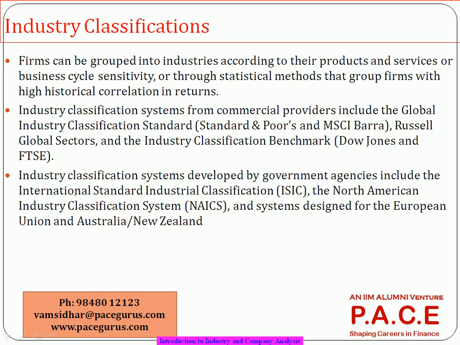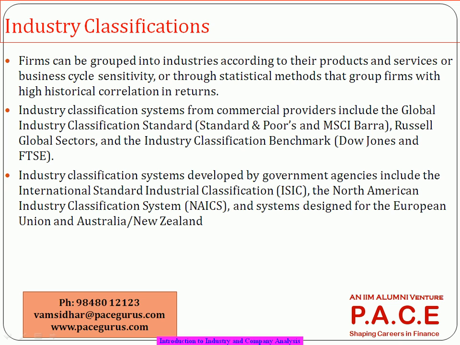So Hyundai is nowhere considered as a part of the automobile industry in India, as per BSE or NSE. But when a general person talks about the automobile industry, he may say Hyundai has the first or the second market share in India as far as the four-wheeler segment is concerned. So the definition of the industry may vary.